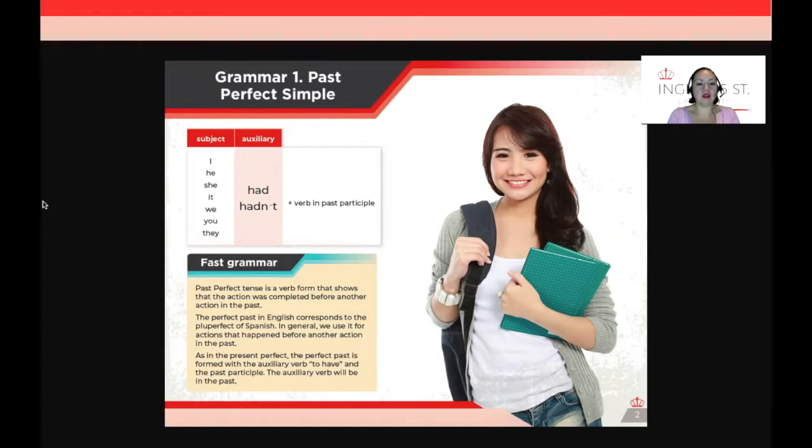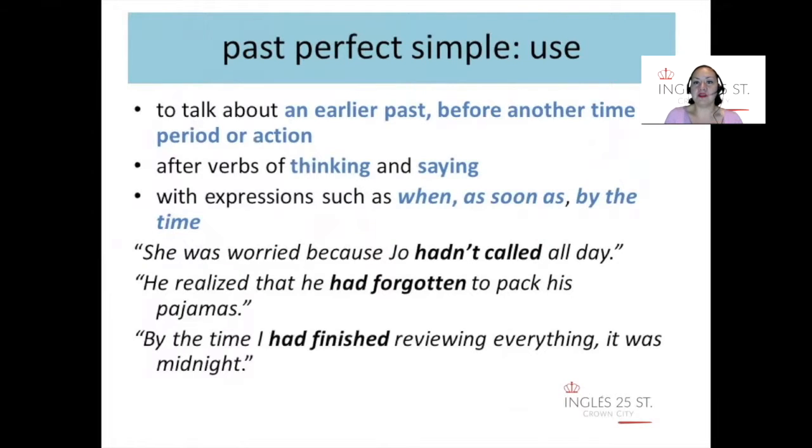Okay, very good. Excellent. So, past perfect simple use. When do we use the past perfect? To talk about an earlier past before another time period or action. So we can say that two actions happen in the past, but one happened first and then the other.